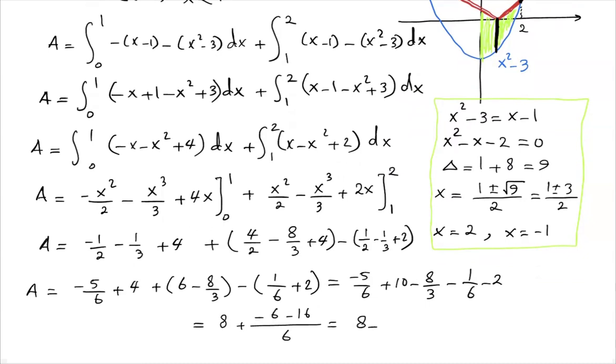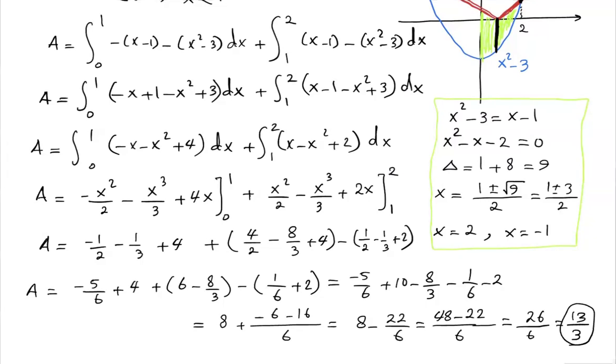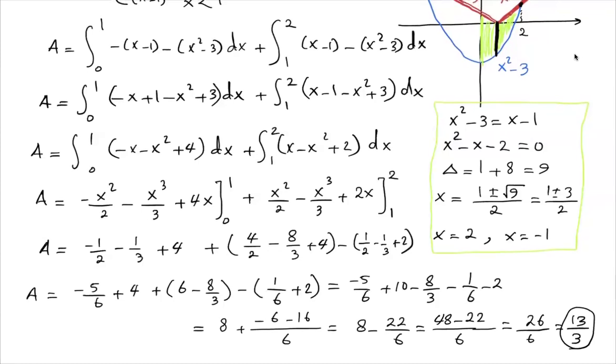So I have 8 minus 22 divided by 6, or if I take a common denominator, 48 minus 22, which gives me 26 divided by 6, or 13 divided by 3. That is the area for the integral including absolute value.